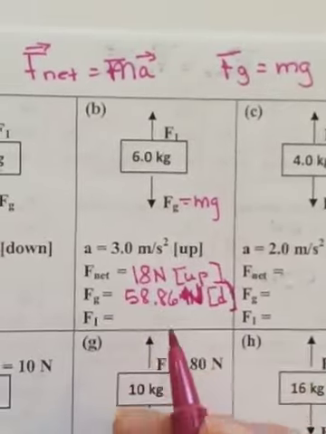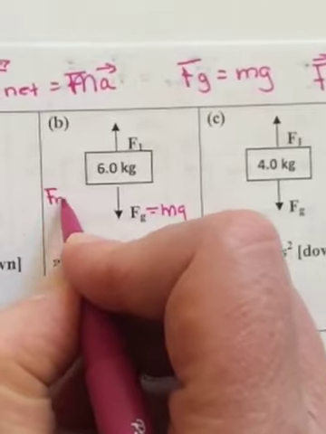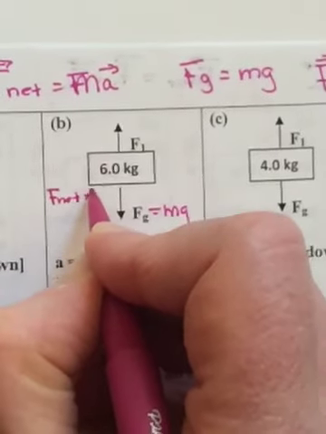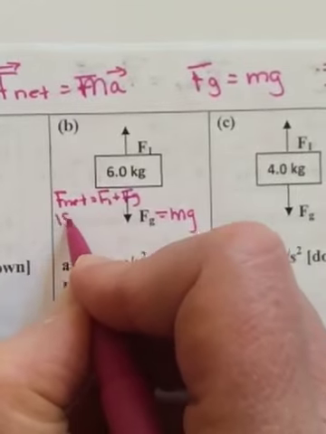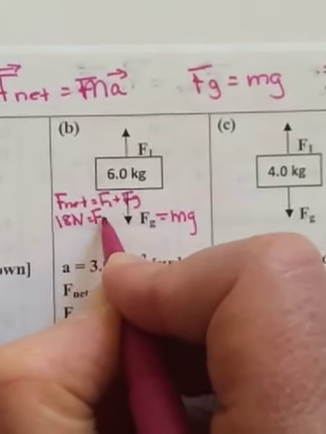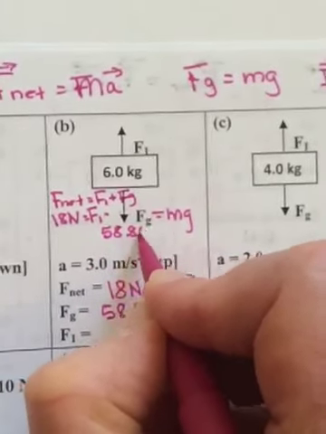So then to get F1, I'm just going to do it right here, so Fnet equals F1 plus Fg. Fnet is positive 18 newtons, and Fg is negative 58.86.